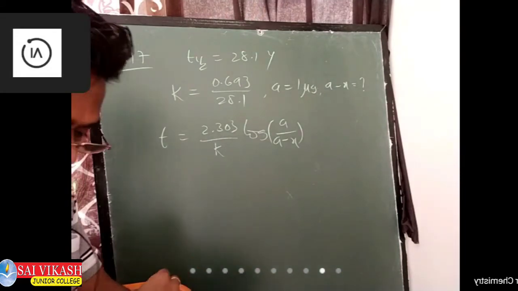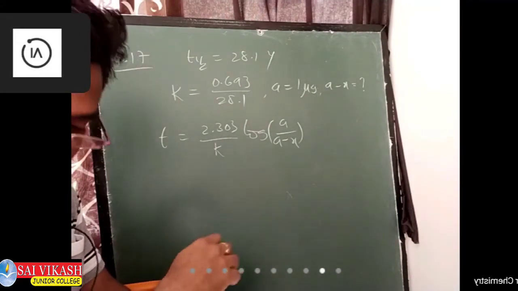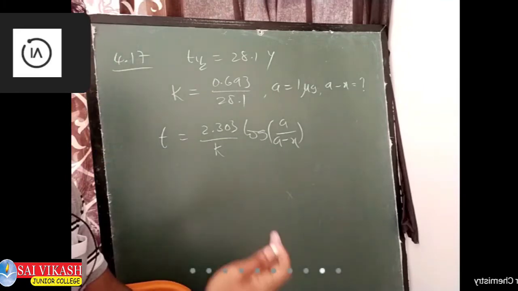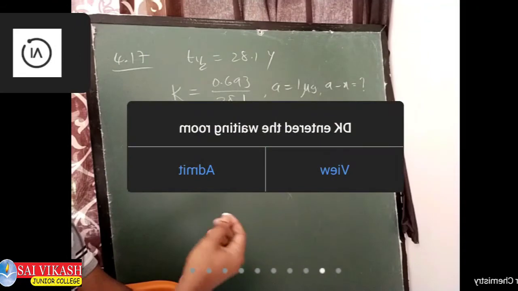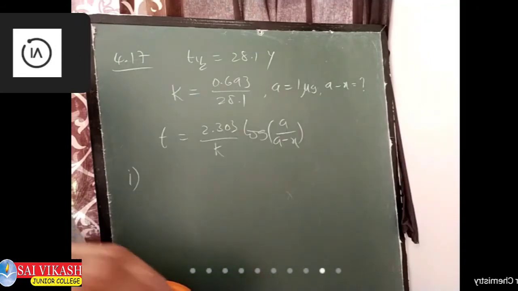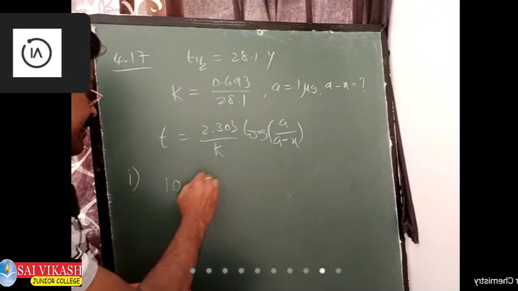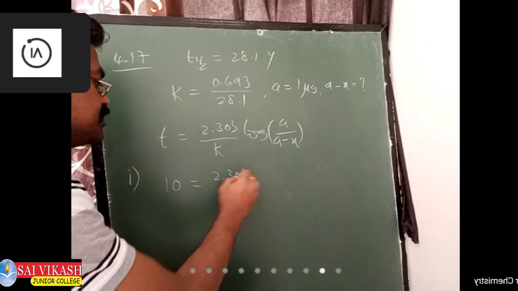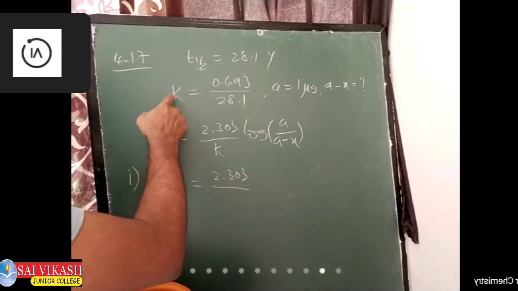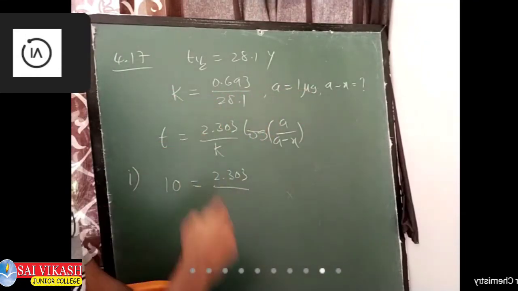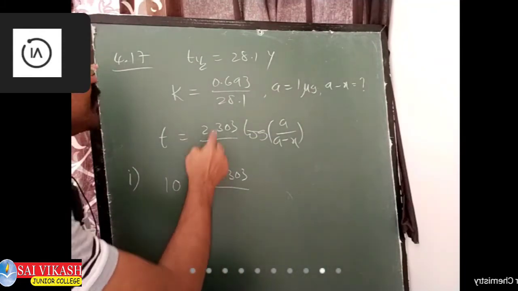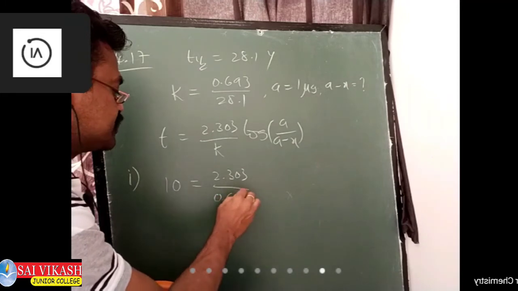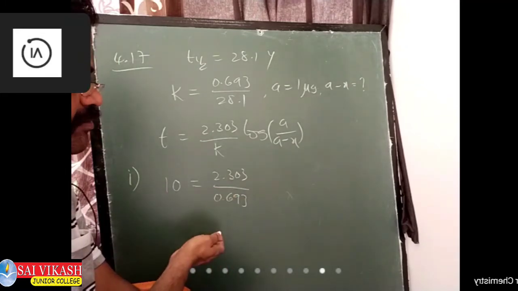Now there are two questions, after 10 years and after 60 years. First, after 10 years, let us find out. First question, after 10 years, means time should be 10. So 2.303, this is 10 years. We also got k in year inverse, so the units are the same. So k will be 0.693 divided by 28.1.